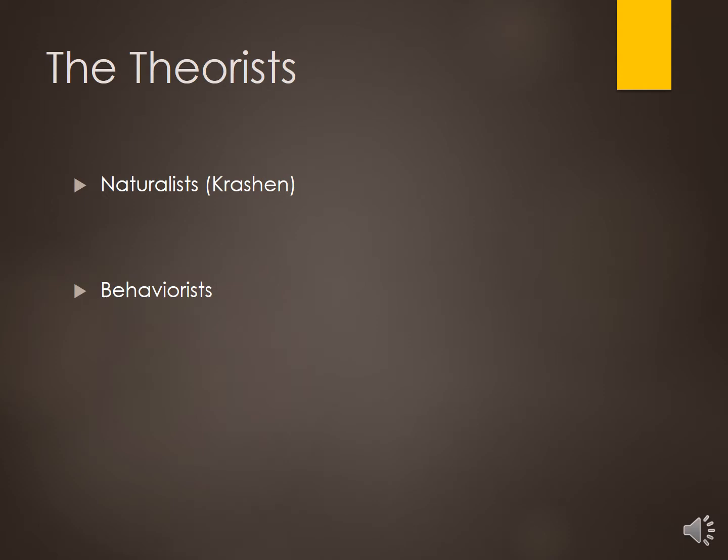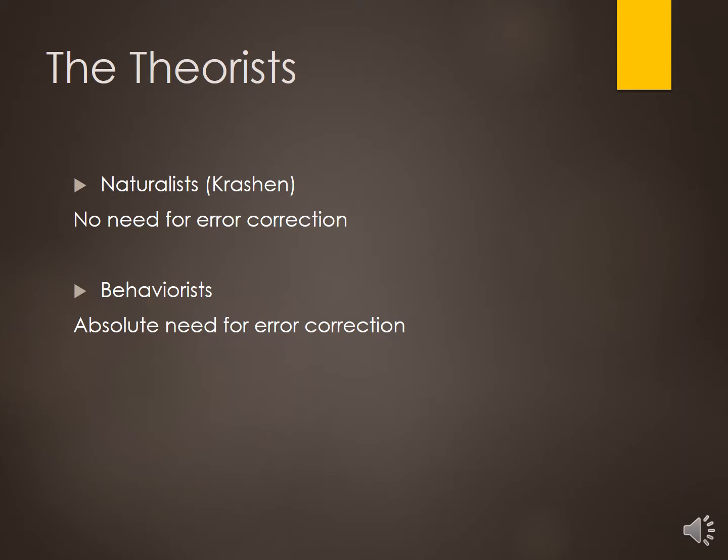Going back to the theorists, we have naturalists and behaviorists. For naturalists, it's all about there being no need for correction at all, about the speaker naturally coming into language and finding out errors on their own. Behaviorists are on the other end of the spectrum.